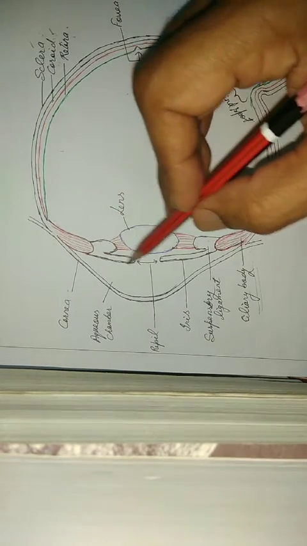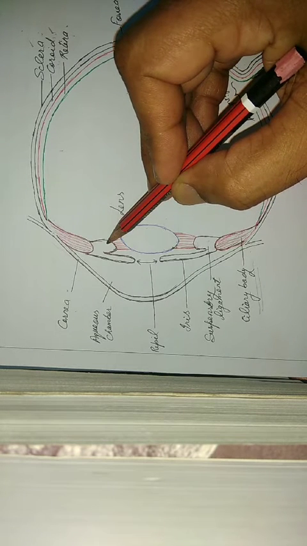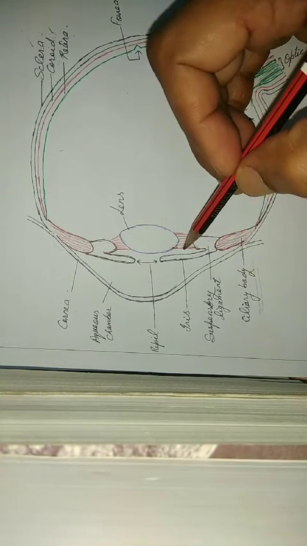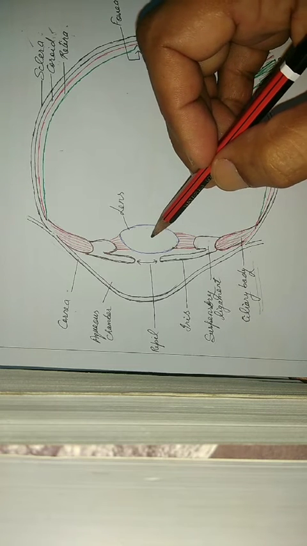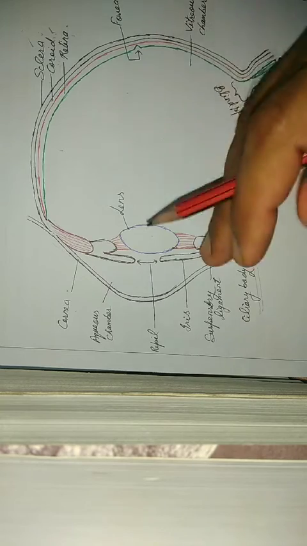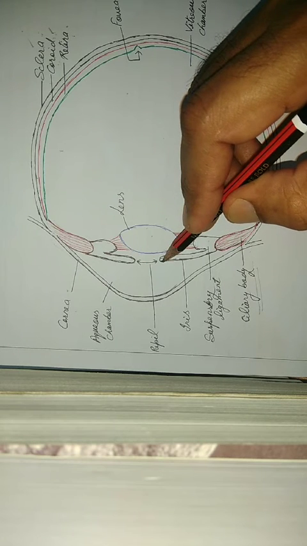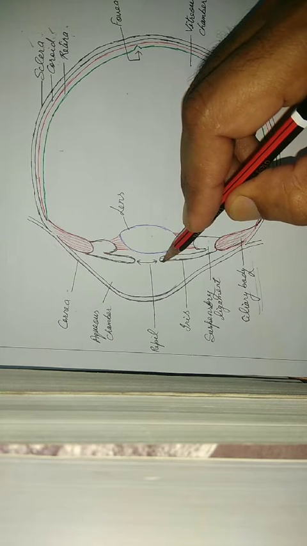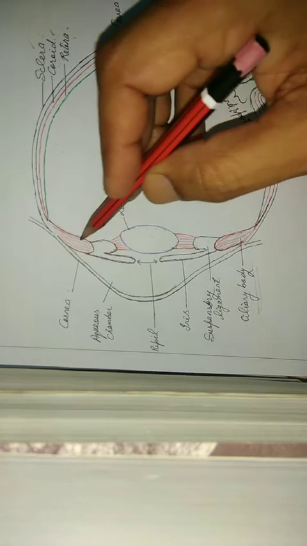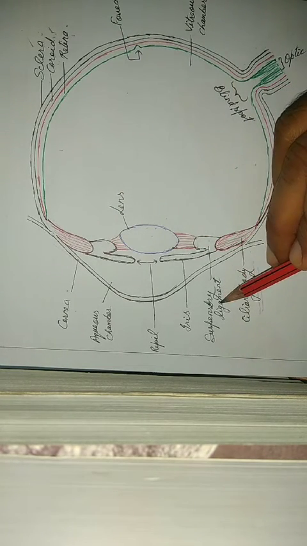The ciliary body extends anteriorly to form the iris in front of the eye lens, and it controls the dilation and constriction of the pupil. The lens is suspended from the ciliary body with the help of suspensory ligaments.